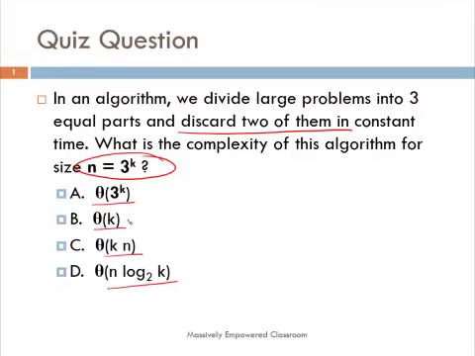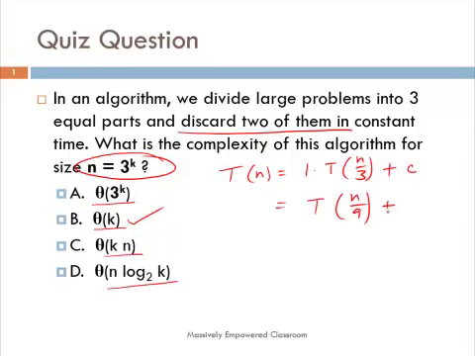The correct answer is theta of k. How do we get that? T of n is equal to 1 times T of n by 3 plus some constant, which is nothing but T of n by 9 plus 2 times the constant, right? And so on.